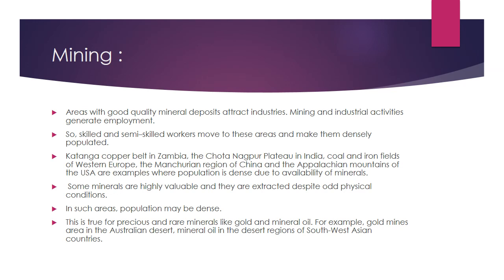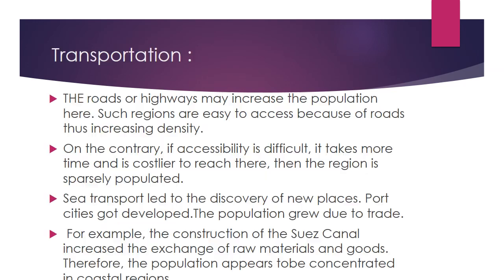This is true for precious and rare minerals like gold and mineral oil. For example, gold mines in the Australian desert, and mineral oil in the desert region of Southwest Asian countries. These are the areas where gold mines can be seen and where mineral oils can be obtained.